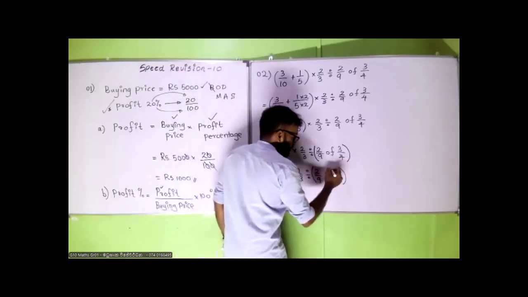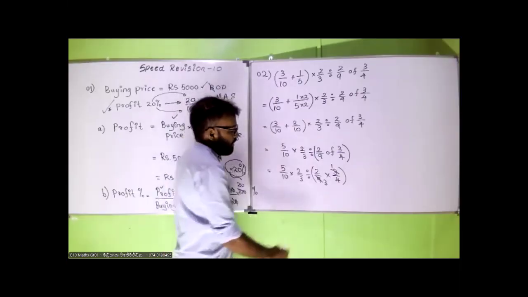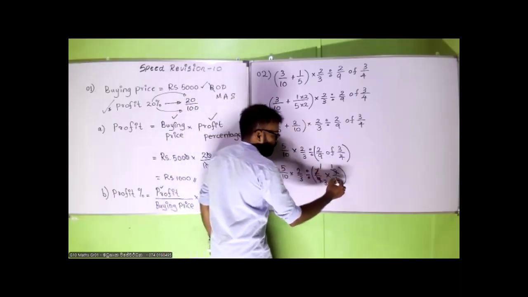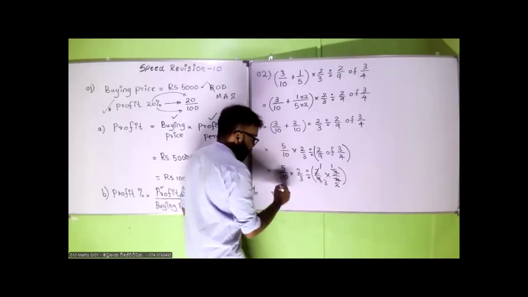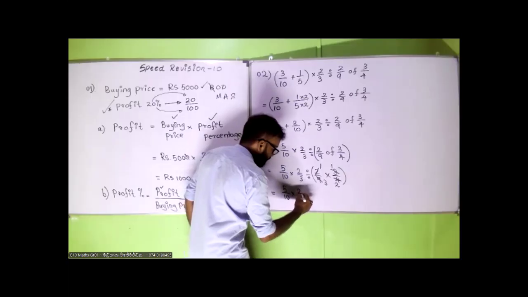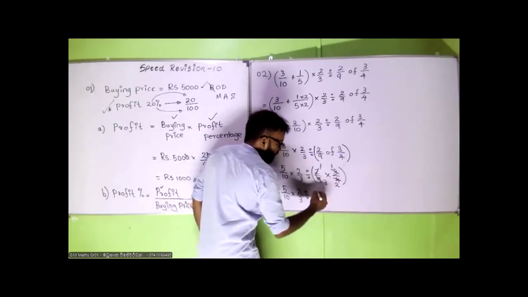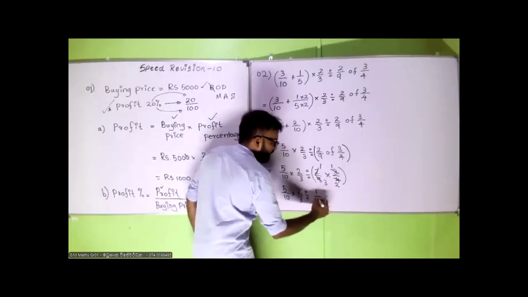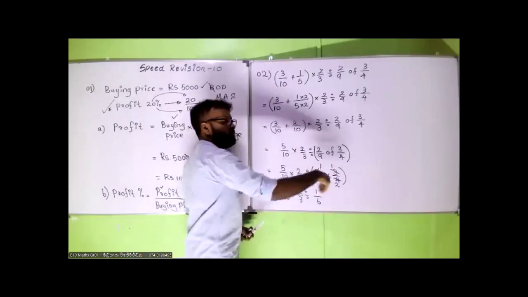So 3 times 1, 3 times 3, then 2 times 1, 2 times 2. Grade 9. 5 upon 10 multiply 2 upon 3 divide by numerator 1, denominator 6. Okay. Now that bracket is gone.